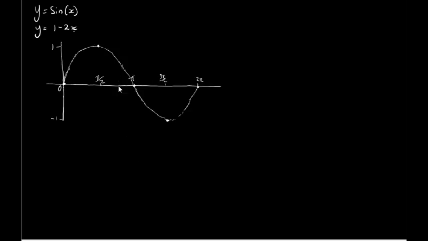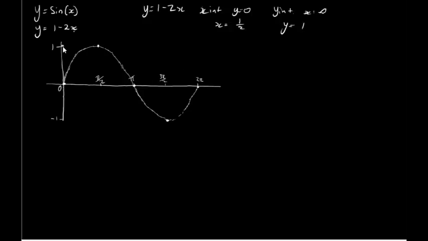So that's y equals sine of x, and the line 1 take 2x. Let's say x-intercept y equals 0, so x is going to be 1 over 2, and the y-intercept at x equals 0, we have 1.